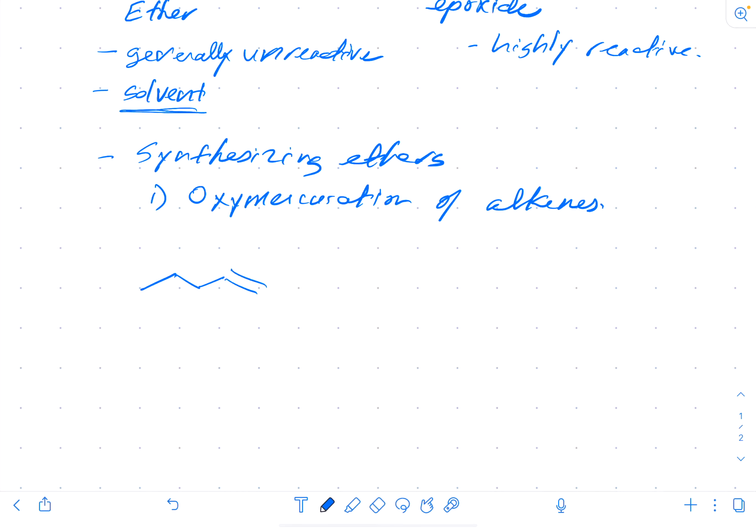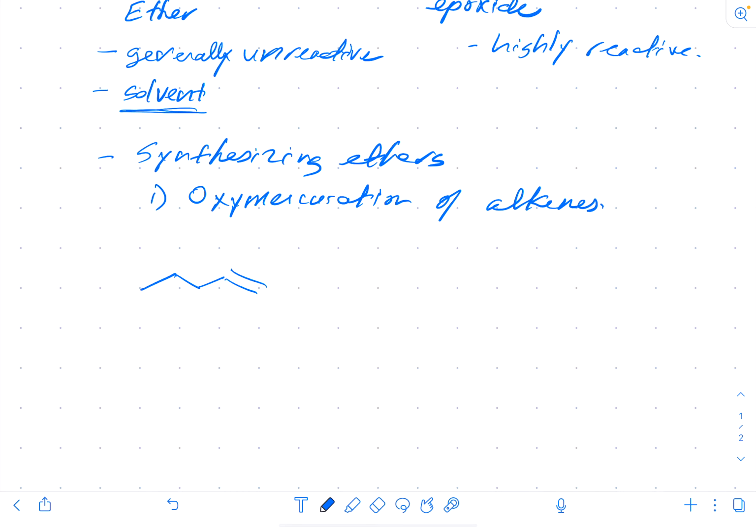We use mercury acetate, but here's the difference. We're going to use methanol as the nucleophile instead of water. And then again, we have to finish this up with sodium borohydride to remove the mercury. And what this gives us is that Markovnikov addition of hydrogen. And since we have methanol as the nucleophile, methoxide adds at the more substituted carbon.